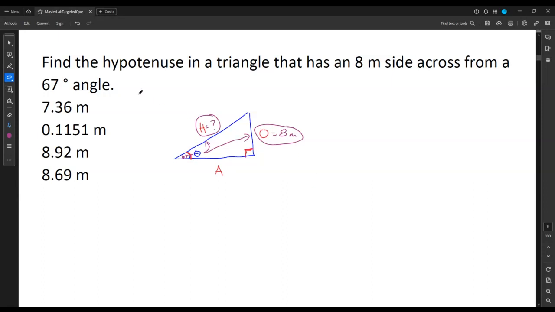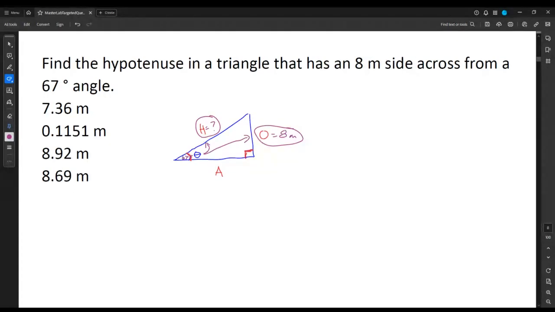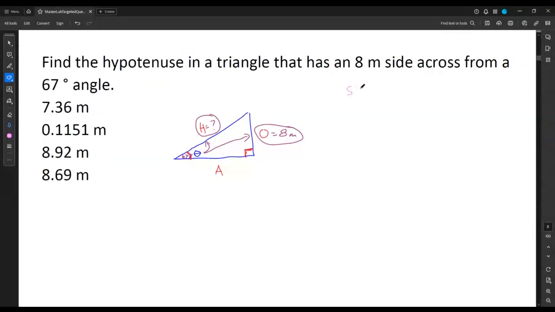Okay, then the next thing we need to do is pick a trig function. There are a lot of different tricks for this. Sometimes people make funny words out of them, like SOH CAH TOA. The biggest thing that we want to do, though, is see which sides are important for us. So we're not looking at the adjacent side. That's a clue that these two probably aren't going to work.